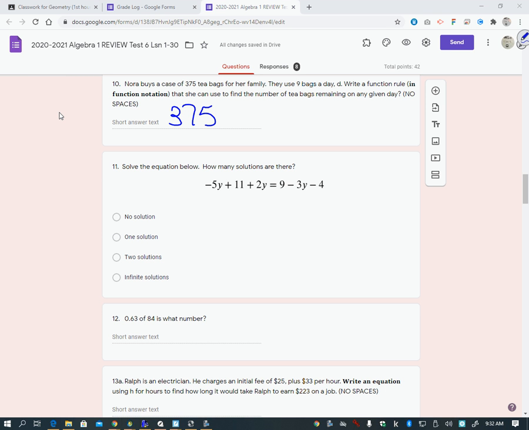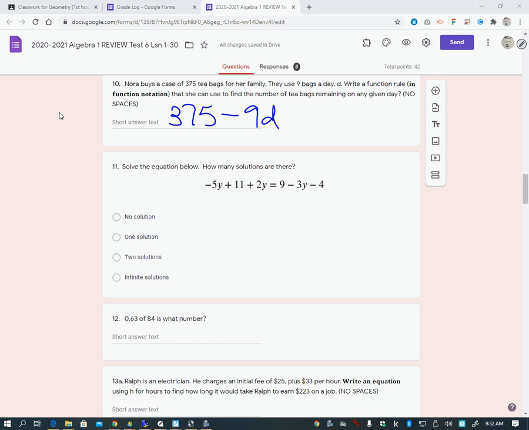Down. How many are we going down a day? 9. How can I represent going down? Minus 9d. That's how I can find out after how many days, right? I just multiply 9 times the number of days. So if it was 3 days later, we take 375 and subtract 27. Does that make sense? Okay.